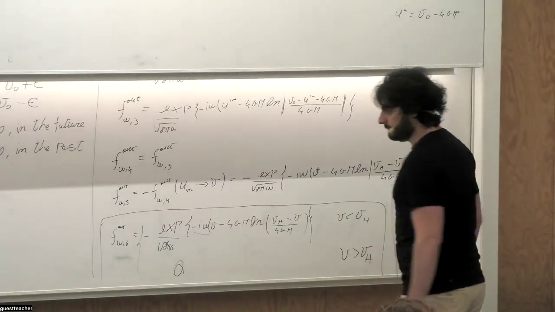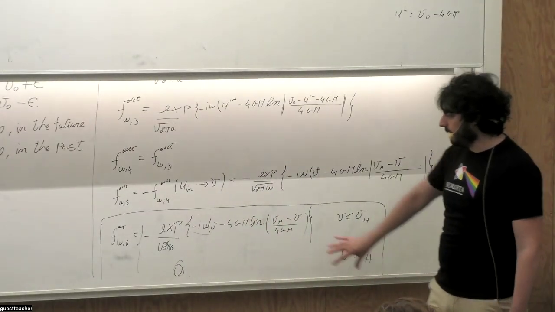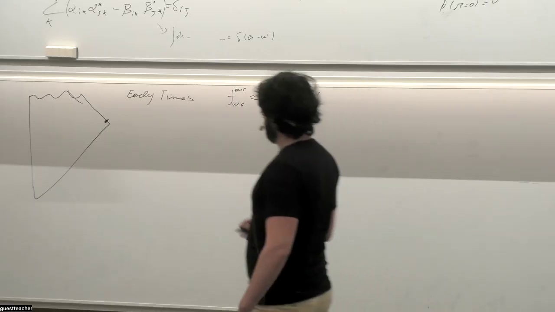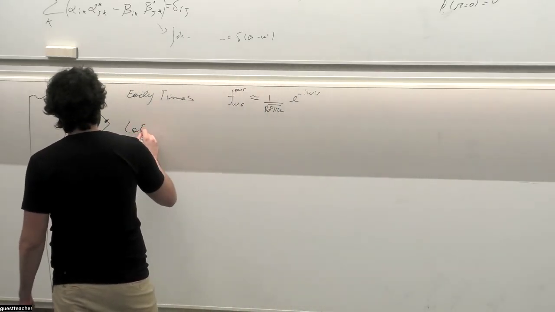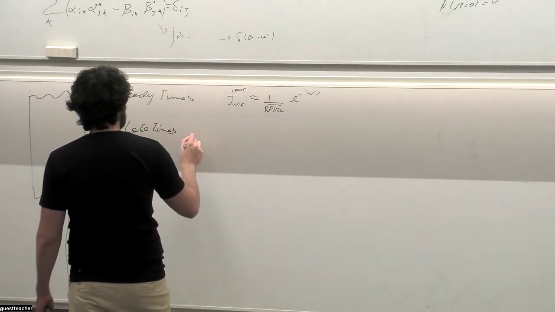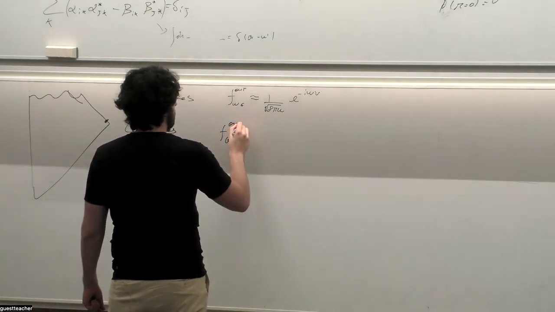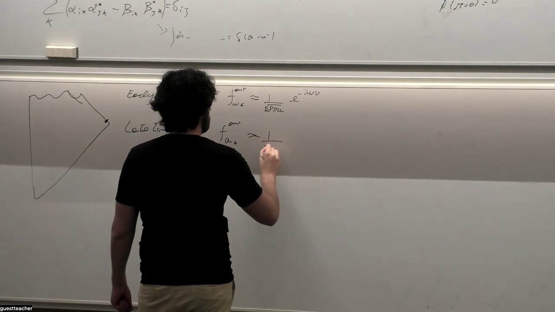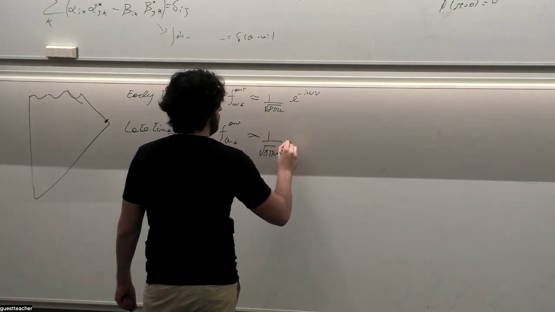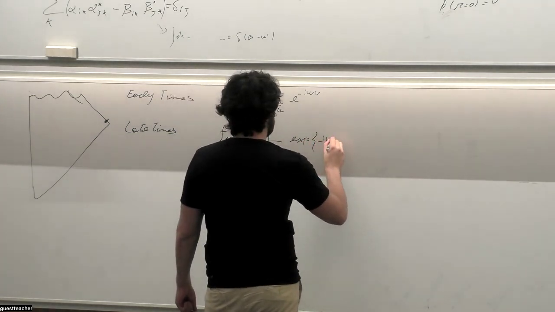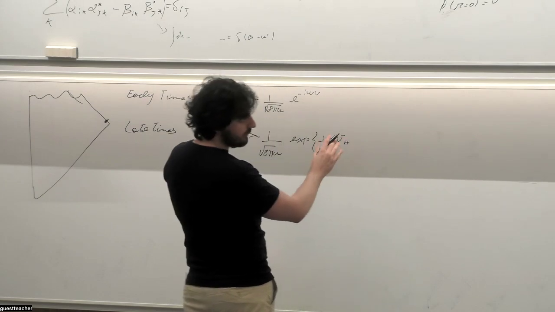At very late times, when V is close to V_H, you have some very non-trivial mixing of modes. So at late times, F out omega on scri minus is e to the minus i omega V_H, we can approximate that.